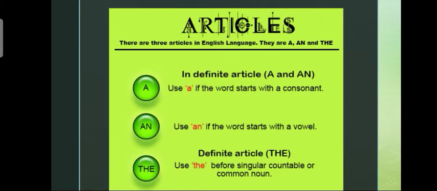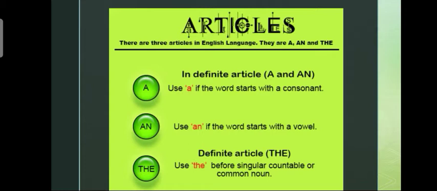Indefinite articles a and an are used to represent singular noun. A is used with the words which start with a consonant. An is used with the words which start with a vowel.